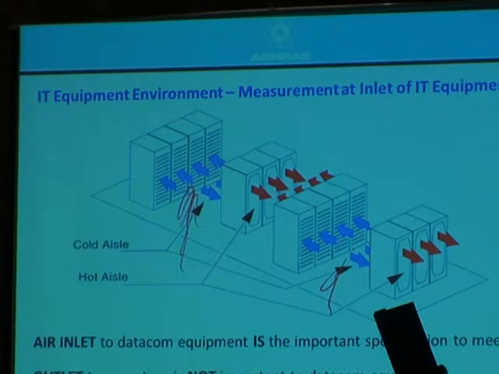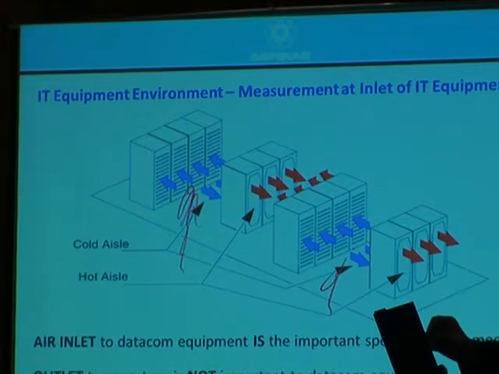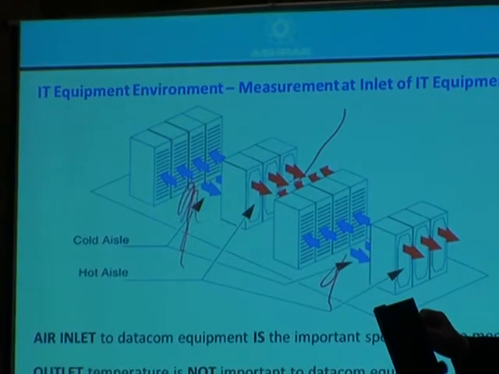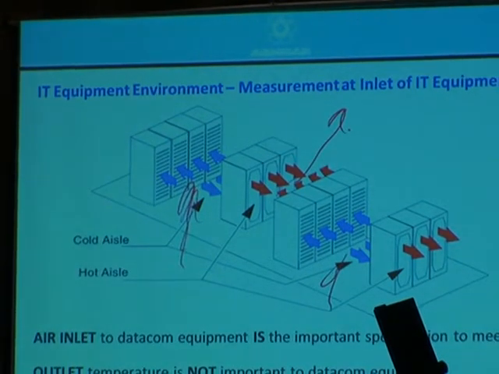And the servers would face the cold aisle. And then the hot aisle, the air exhausts out the server racks, back here. Then this goes back somehow to the air conditioning units.